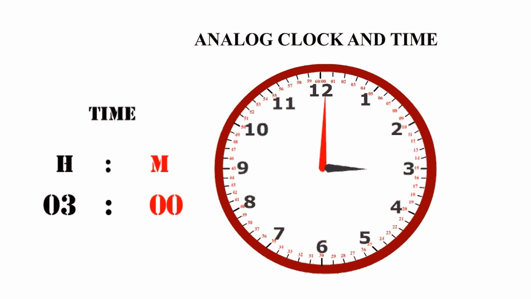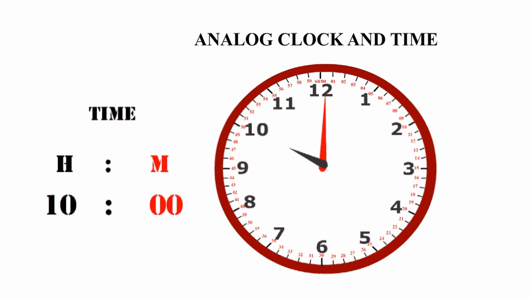If the short hand is pointing at 7, while the long hand is pointing at 12, then it's 7 o'clock. If the short hand is pointing at 10, while the long hand is pointing at 12, then it's 10 o'clock. Whatever number the short hand is pointing at, so long as the long hand is at 12, then it's that number o'clock. Hope you understand it.